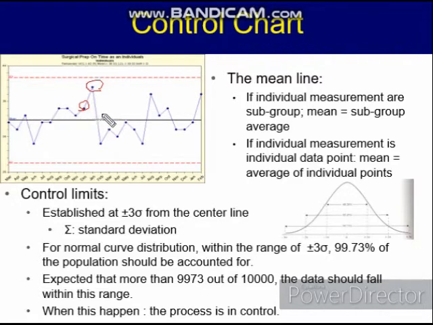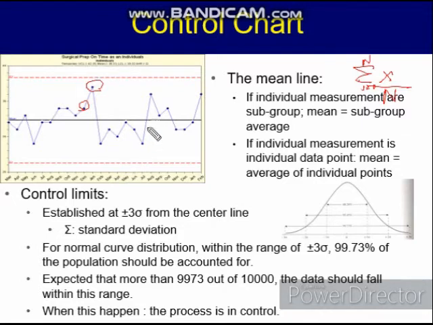To get this line, you add them up. This is the summation of all the x from i equals 0 to i equals n, divided by n. That's the average. So this plus this plus this plus this, divided by the number of data points, gives you this particular line, which is called the mean line.